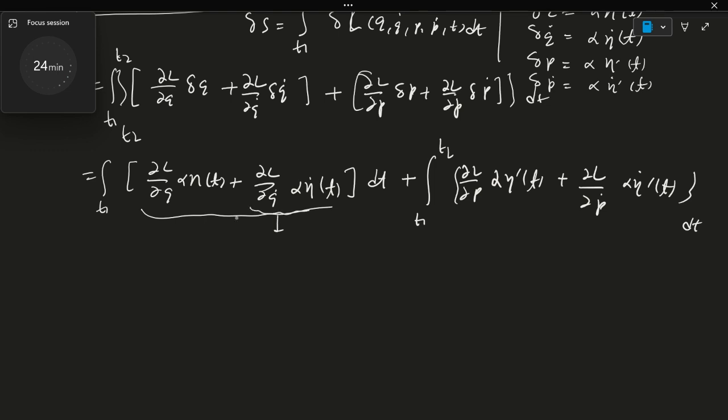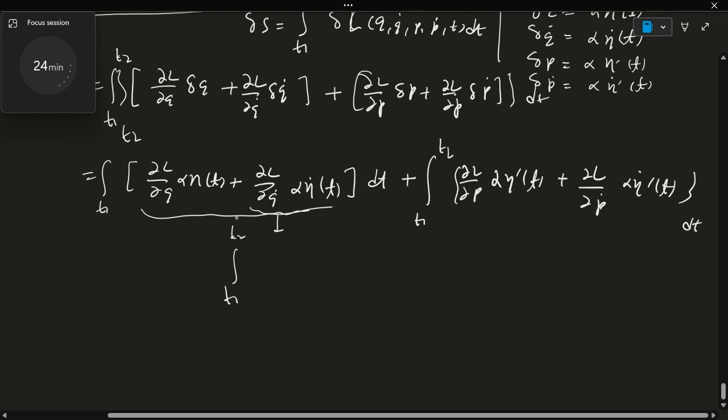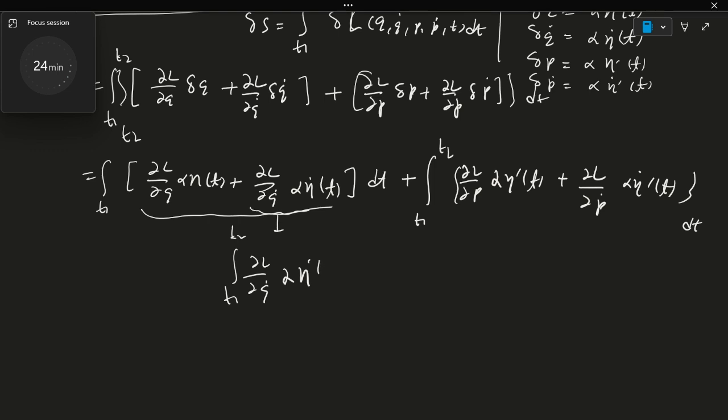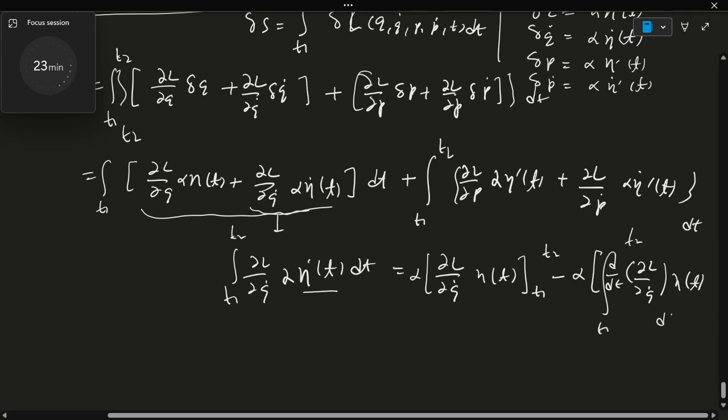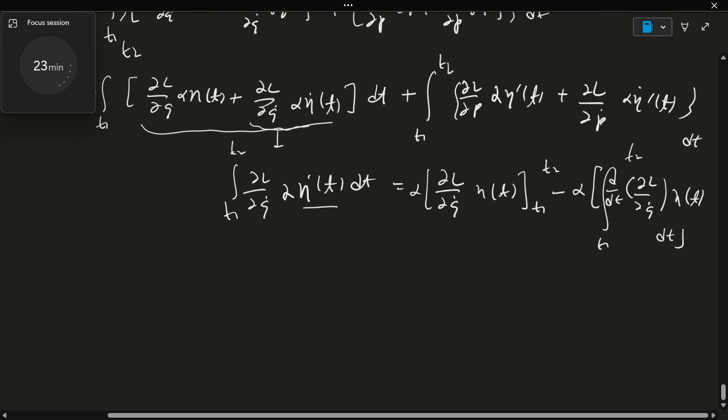You have to solve this by parts. From t1 to t2, I'm just solving this ∂L/∂q̇ alpha times eta dot of t dt. That will give you ∂L/∂q̇, and alpha will be outside, and the eta dot integration will be eta of t from t1 to t2, minus alpha times d/dt of ∂L/∂q̇ times eta of t, integration t1 to t2, dt.